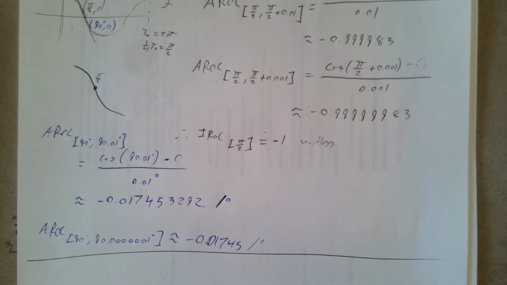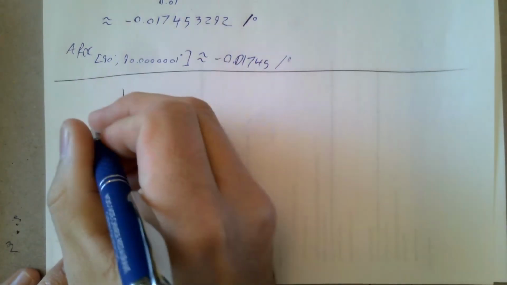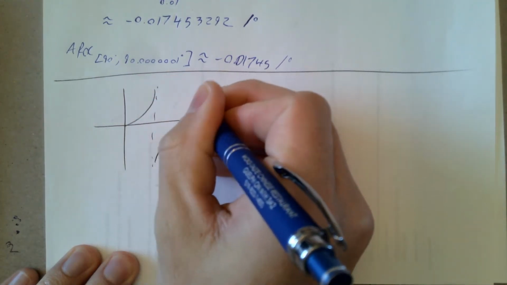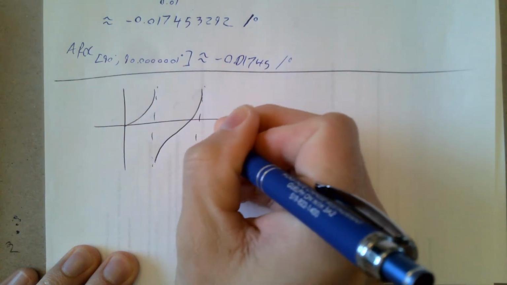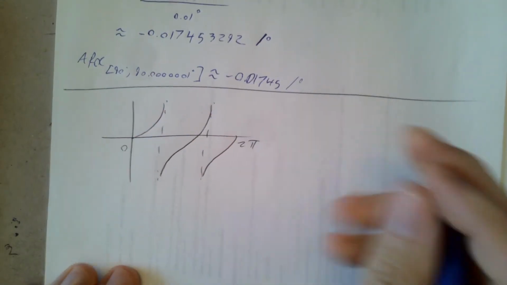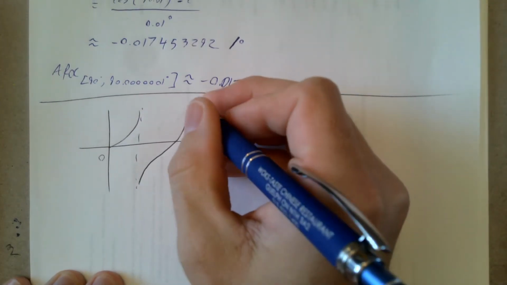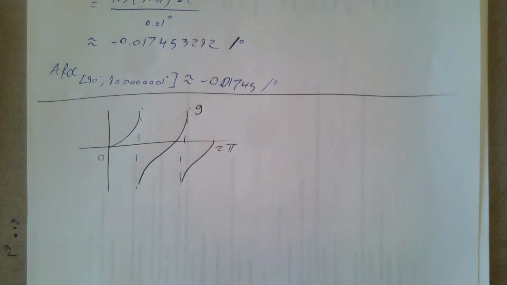Let's go back to radian mode and take a look at the tangent curve. There are 2 cycles from 0 to 2 pi. Notice here that your tangent curve is never decreasing. Its rates of change are always going to be positive when they exist.